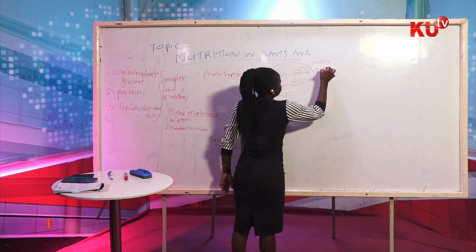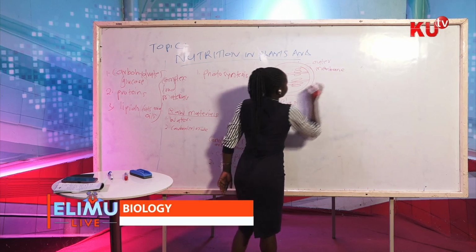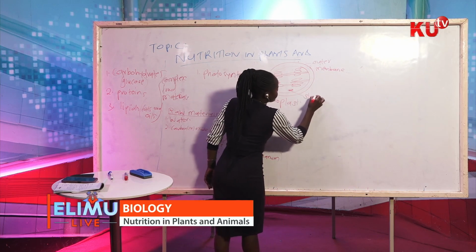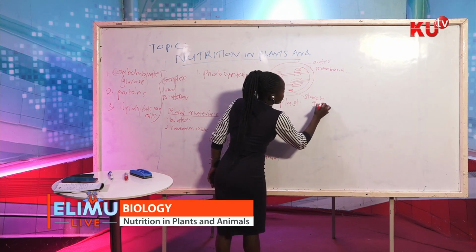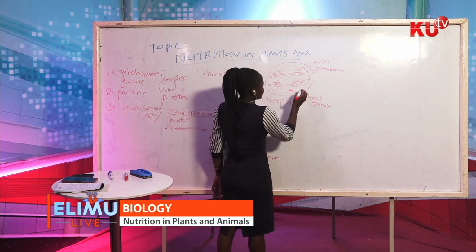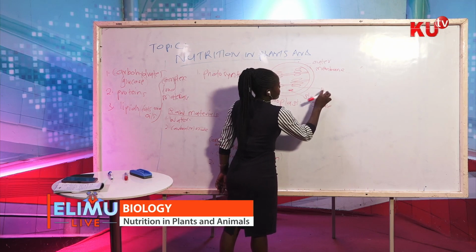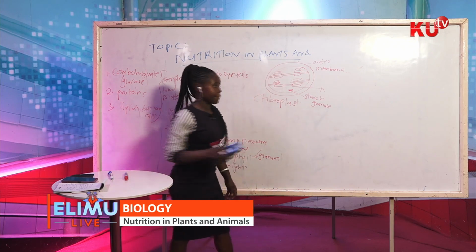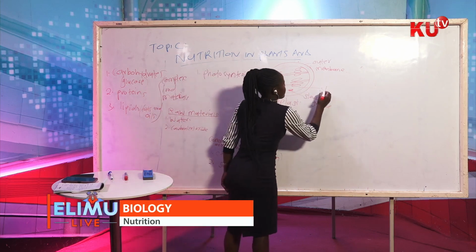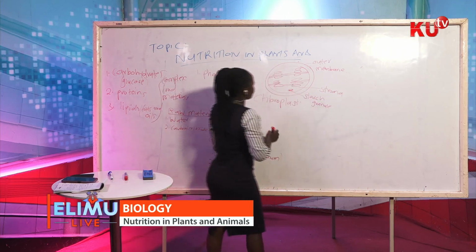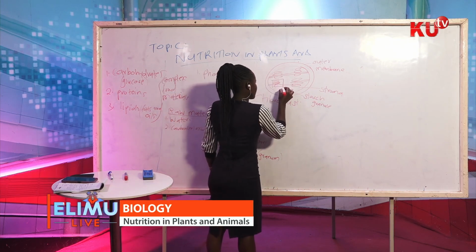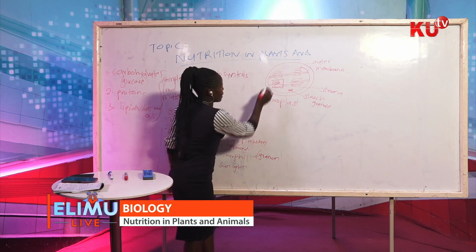We have the starch granule here. The aqueous matrix here is called the stroma. And the granum, which consists of the chlorophyll molecule here.